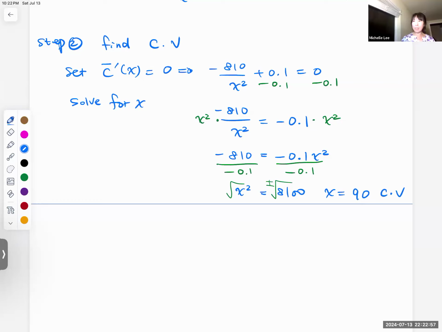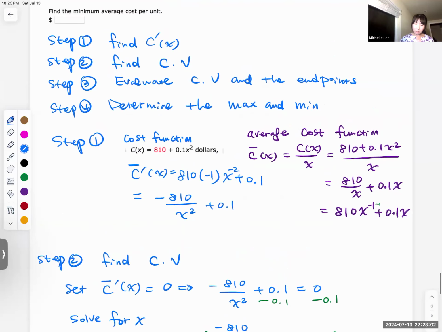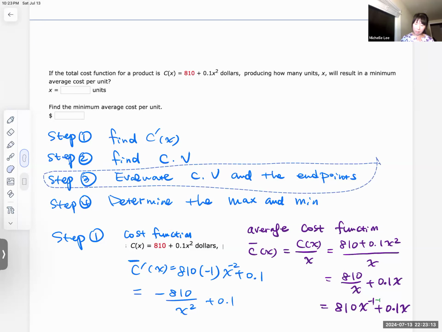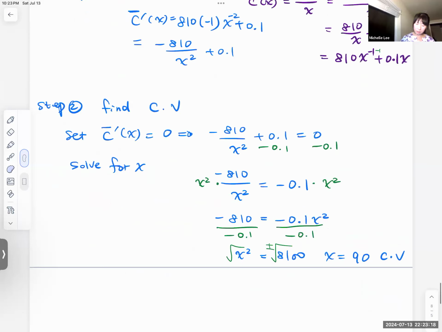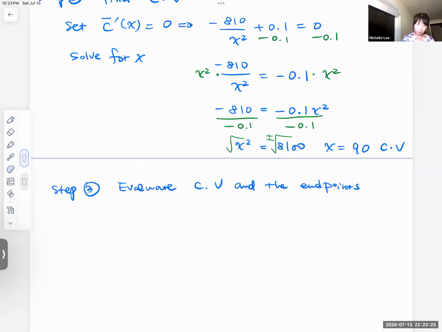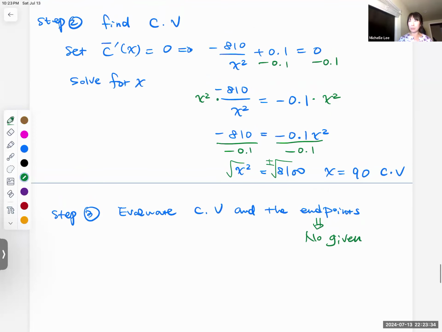Step 3. They don't give us the endpoints, right? So step 3, we need to evaluate the critical value and endpoints. So no endpoints are given, so we evaluate only the critical value.